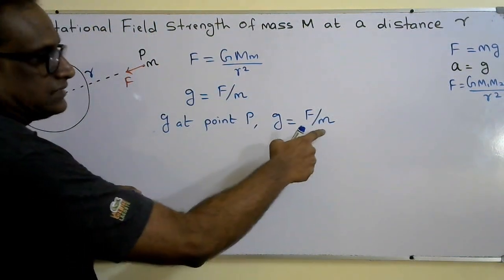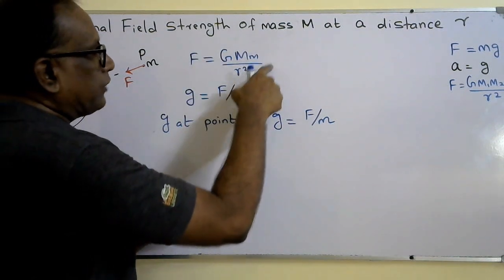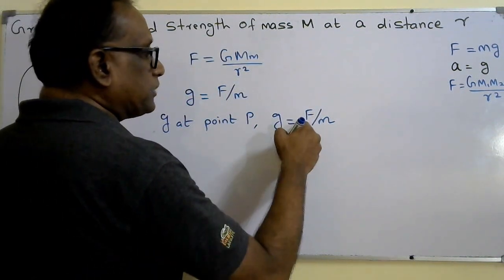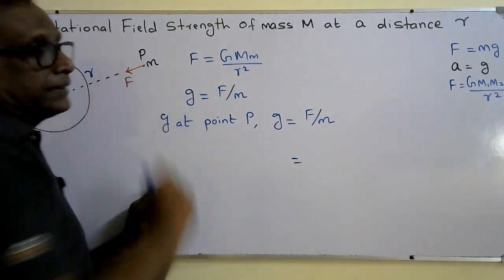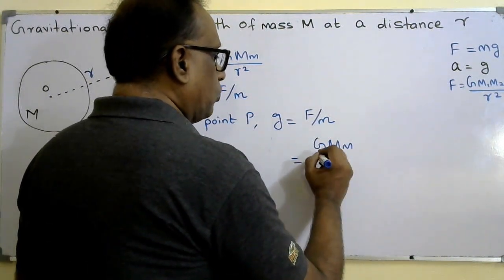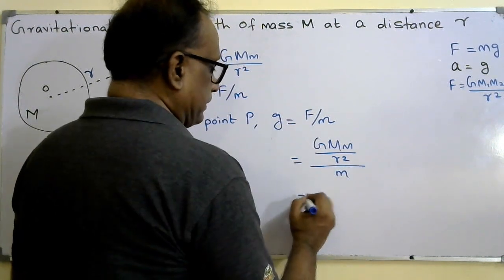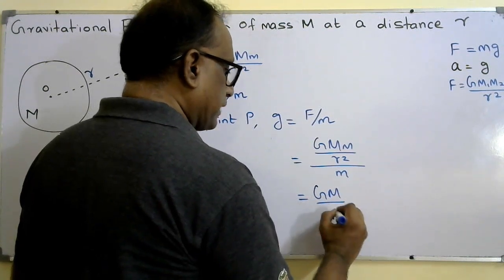The gravitational force acting on mass m is F equals G M m over r squared. Field strength means force per unit mass, so I need to divide this by the mass of the object kept at point P. That is G M m over r squared divided by m. The m gets cancelled, leaving G M over r squared.